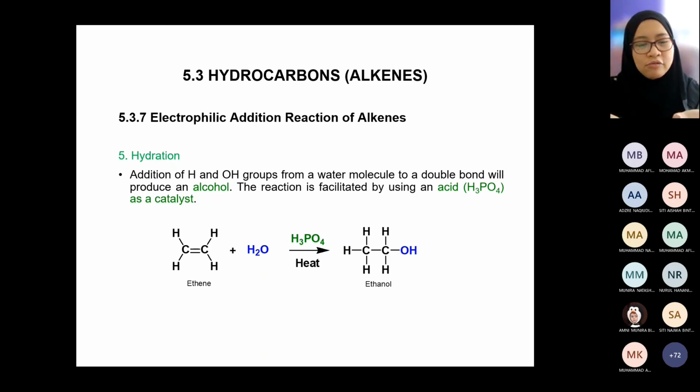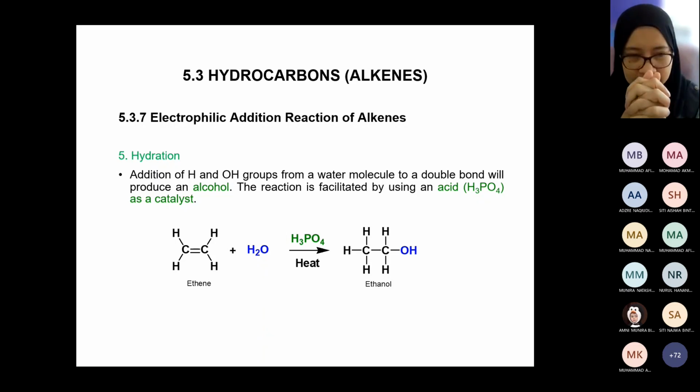The only thing you know is that one is an alkane and the other is an alkene, but you don't know which. So you can conduct a test to identify which is which. That is the test we will cover later. But for reactions, the last one will be hydration.